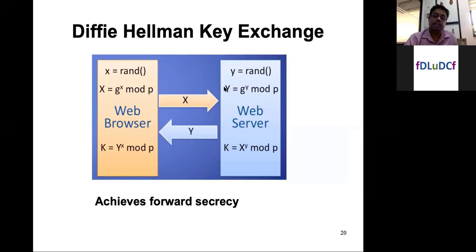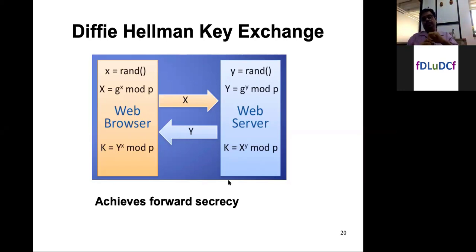The web server executes a similar algorithm, Y equals G to the power of y modulo P, and sends this Y to the other party, the browser. After the browser and the server know X and Y, they can derive a session key called K using one of these equations. Then both parties have the same key, and this key can be used to encrypt the communication.